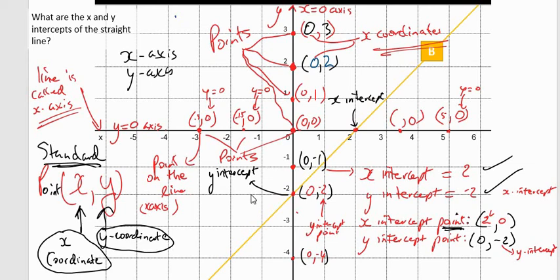The point where the y and x axis meet is called the origin. Very good. Well said. That's the most accurate way of expressing it.